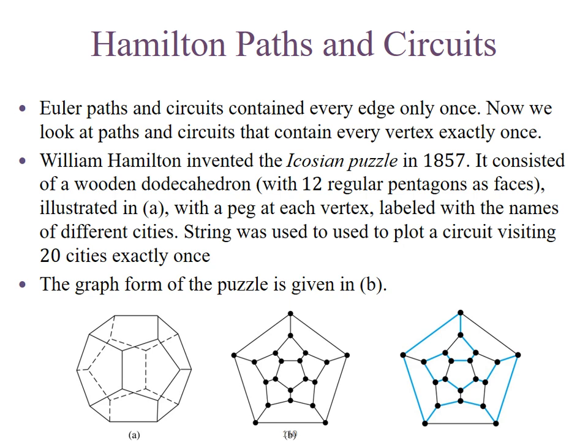Once we attach 12 pentagons to make a wooden ball, then we can have a pad at each intersection of these lines. And then you can attach a string to this pad. So once you start from this point, you can drag the string to other pads.